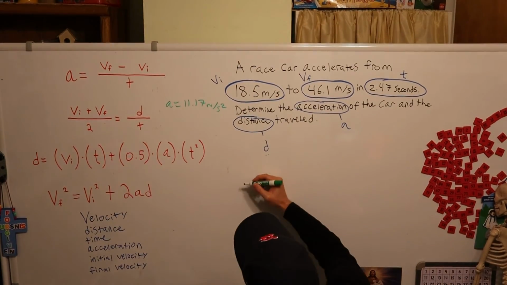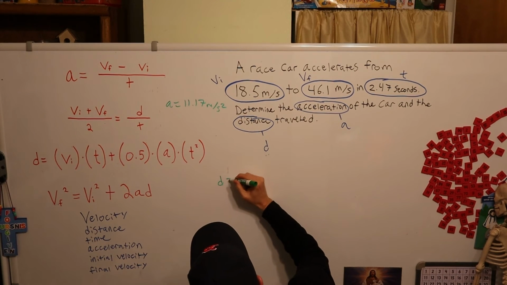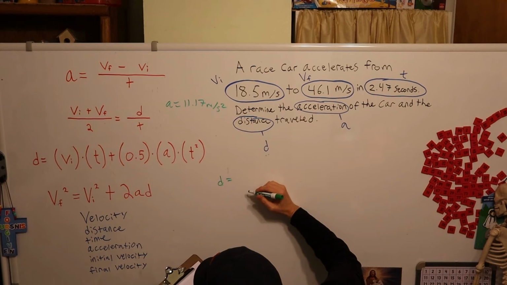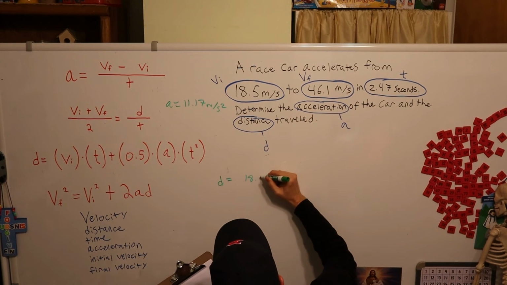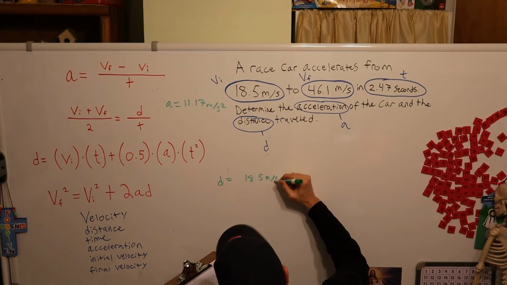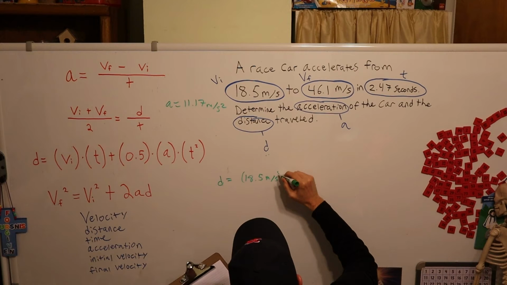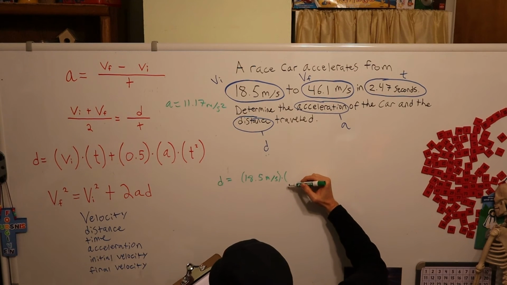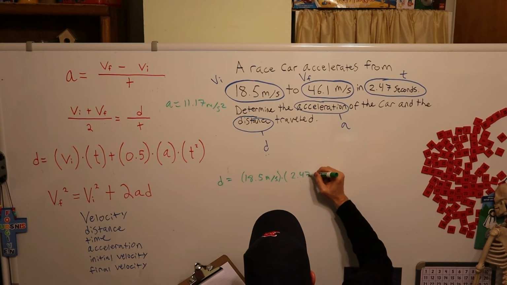So we got distance is equal to 18.5 meters per second multiplied, I'll put the parentheses here to make it a little clear, multiplied by 2.47 seconds.